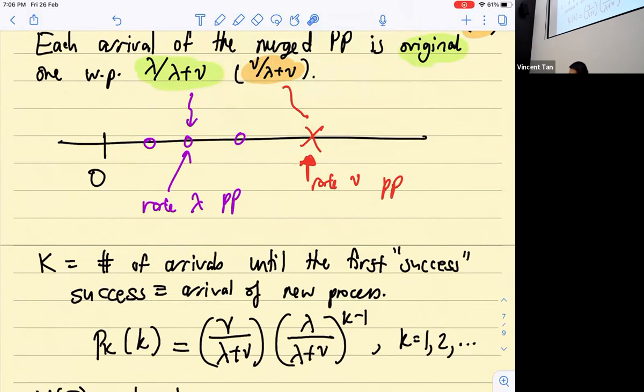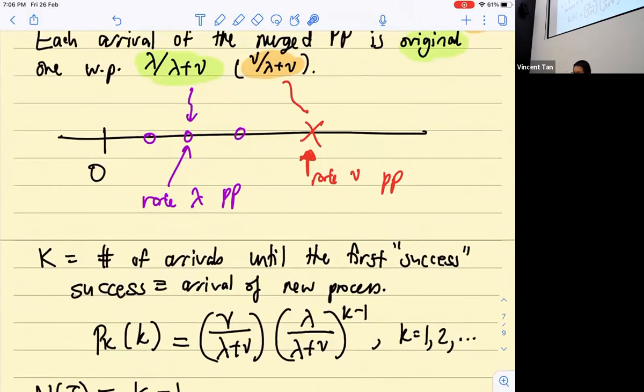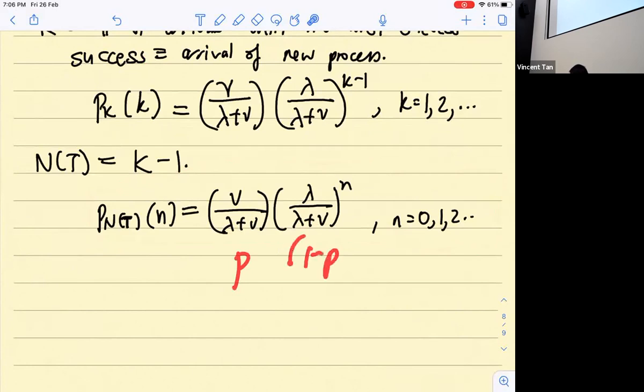Nothing is precluding that, so there must be some positive probability at n equals 0. Geometric distribution is a very tricky thing because you can start from 0 or 1. But in this case, N_t can take on the value 0, so it must start from 0. And we always have to do a sanity check: put p and 1 minus p here, and make sure it sums up to 1. In this case, it really sums up to 1. Any questions on this?